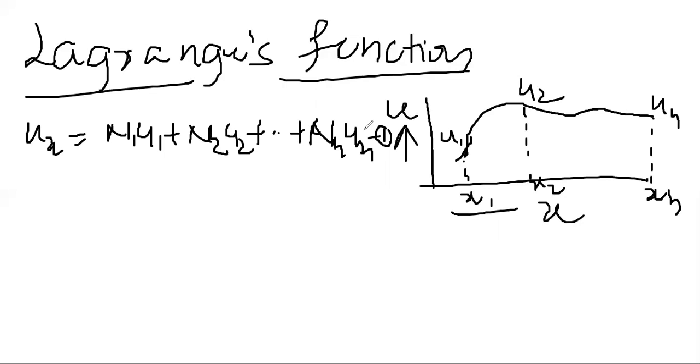How to find out the shape functions for the one-dimensional case? It is simple. Suppose here is N1. N1 is the shape function of this particular polynomial equation.